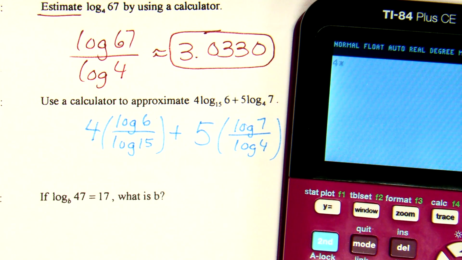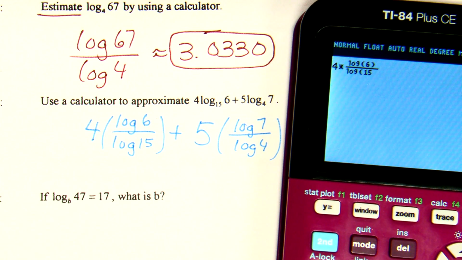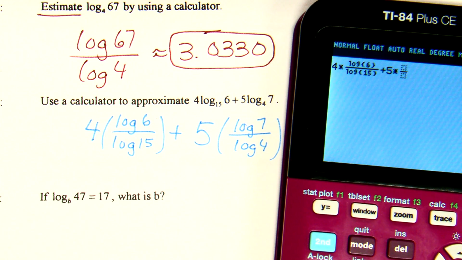I'm going to do 4 times parentheses, log of 6 over log of 15, plus 5 times, I'm going to do a fraction again, log of 7 divided by log of 4. Does your answer match mine?